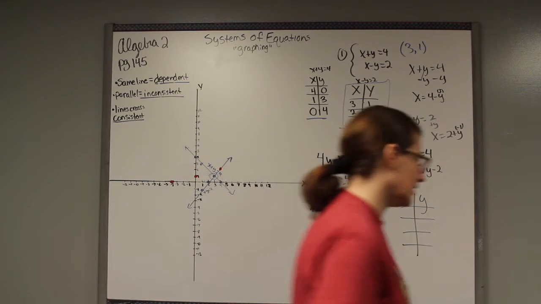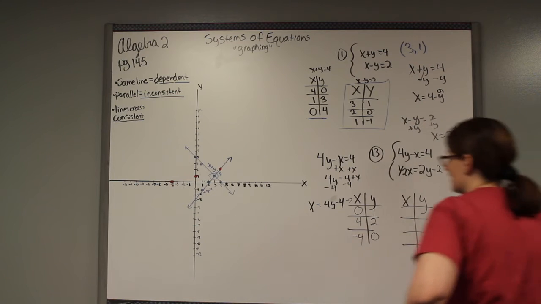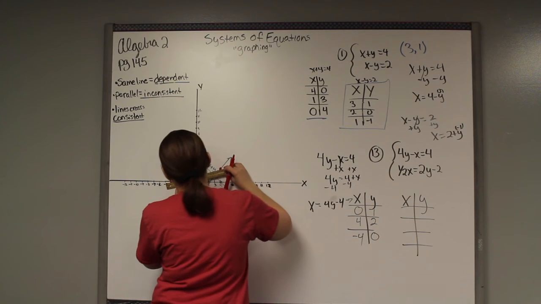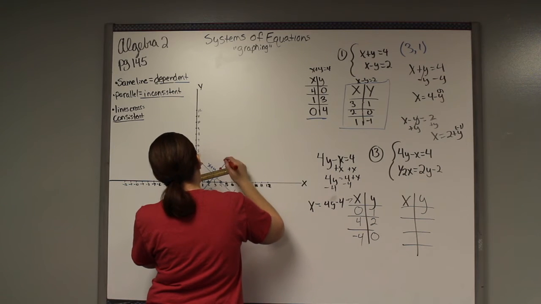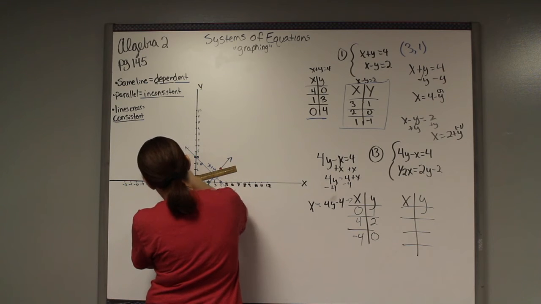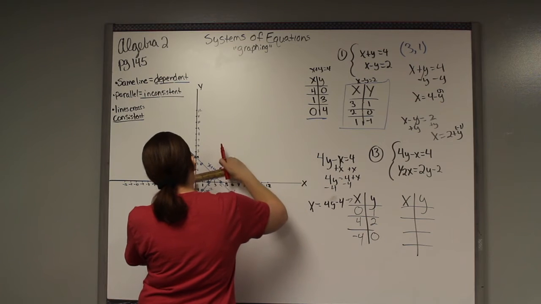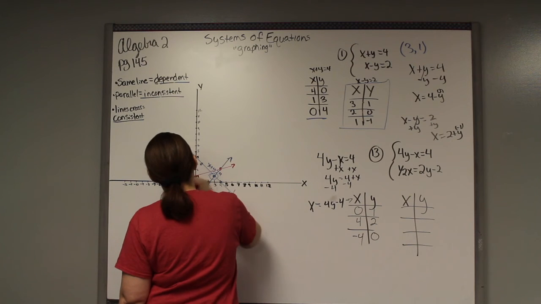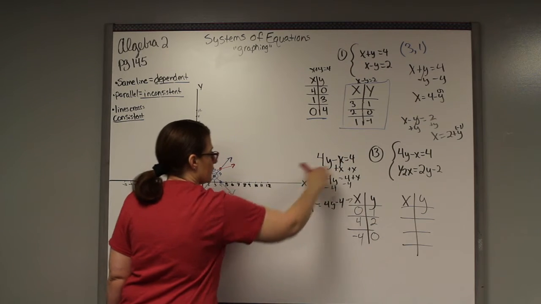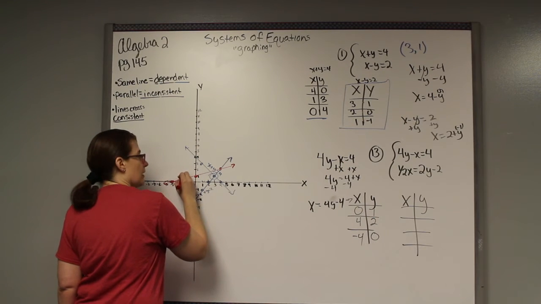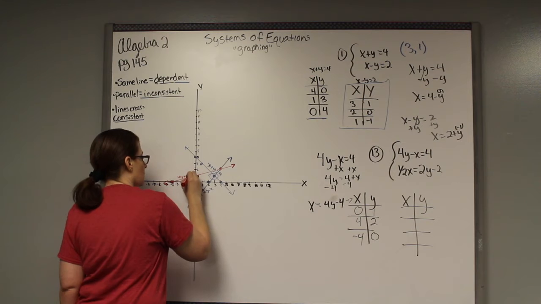And this is a small sloped, I guess low sloped line. You definitely need a ruler to keep up with it the best I can. Sometimes you may have to extend your lines if they don't cross but look like they will cross. And that one was that first equation, which was 4y minus x equals 4.